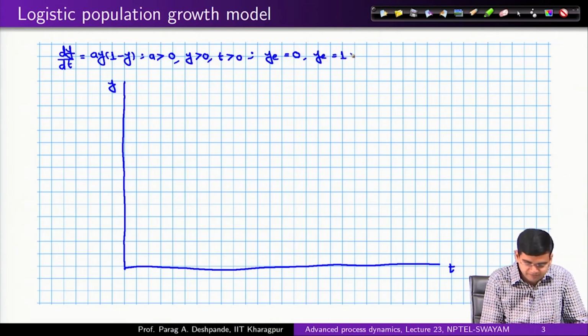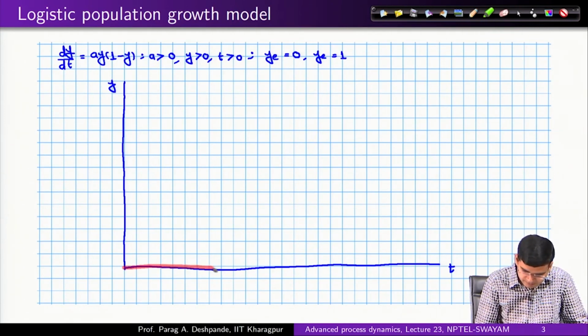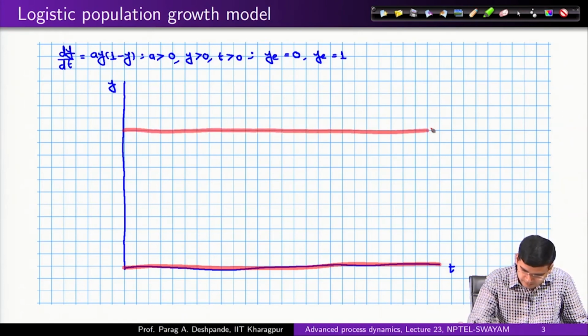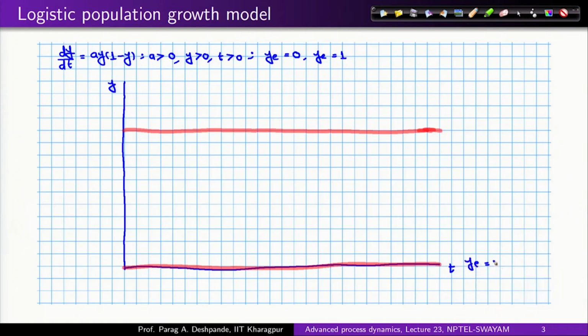So, I will mark them, right. This is y equilibrium is equal to 0 and this is y equilibrium is equal to 1. I have marked the two equilibrium solutions.